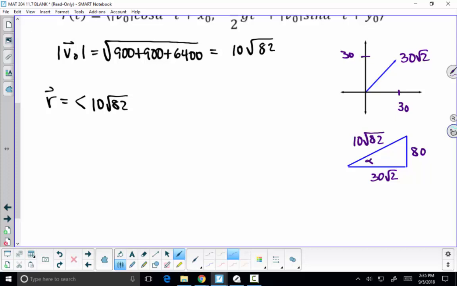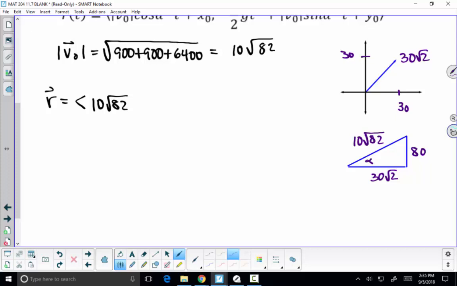Question, Haley? Where is your triangle in that top one? It's coming out of the board, like you're looking down at it. This is the view from the positive z-axis looking down, so we don't see the actual trajectory of the ball. It just looks like a line. The ball is going that direction, but it has a vertical component of 80.